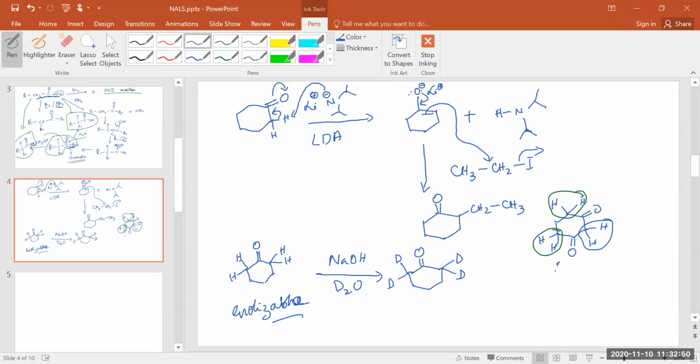Now suppose you take a base, NaOH, and it takes this proton. Then what will you get? A negative charge, which will be resonance stabilized.